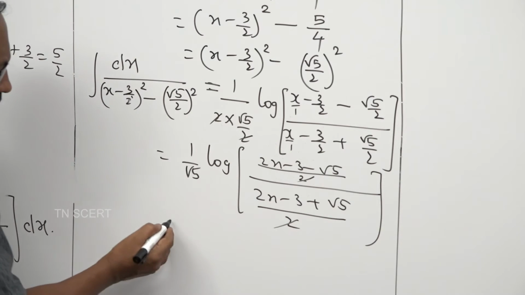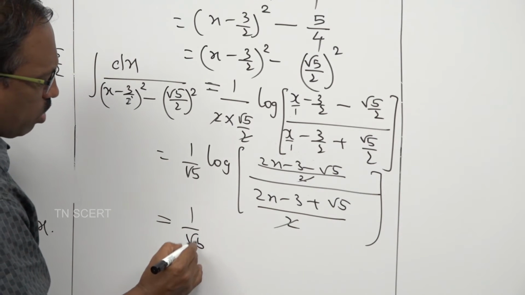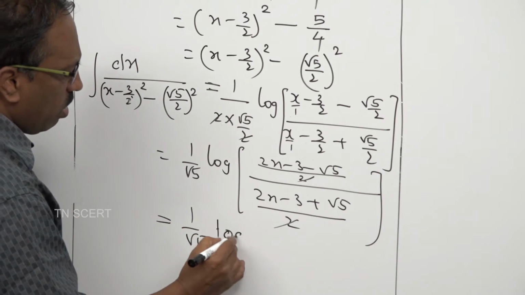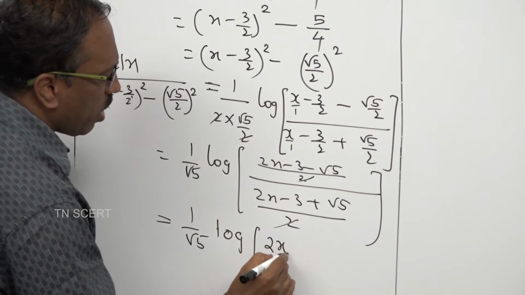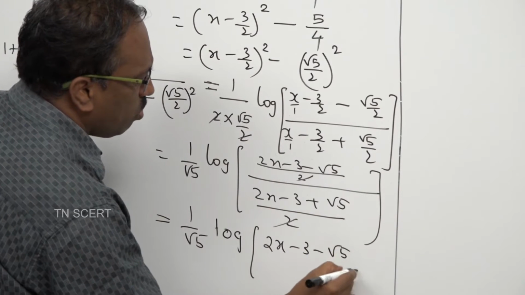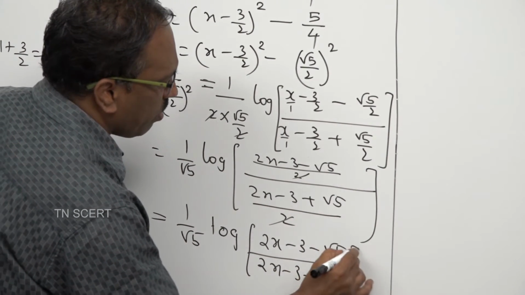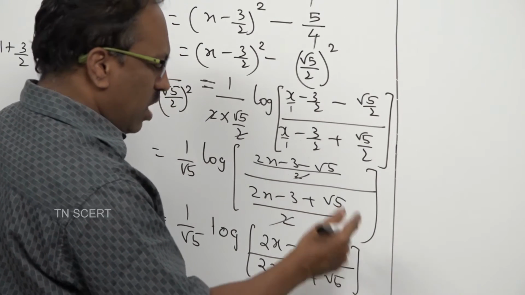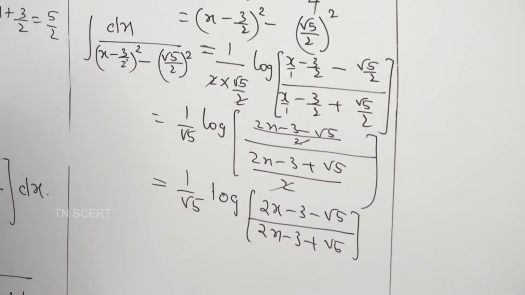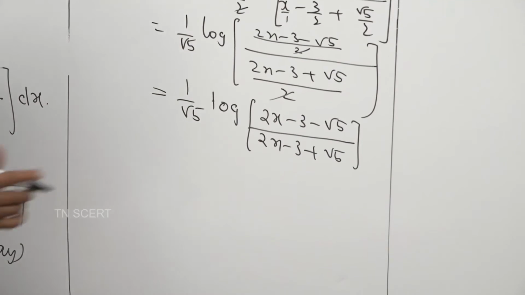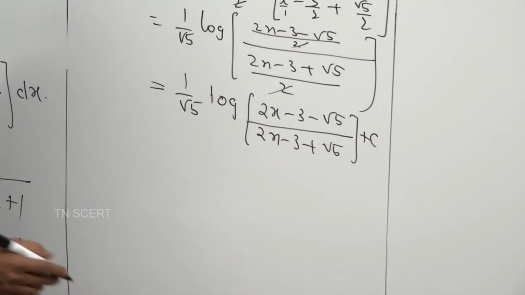So what I am getting is 1/√5 log of (2x − 3 − √5)/(2x − 3 + √5). I am supposed to put c, so lastly we can add that c here. So now this integral part is over.